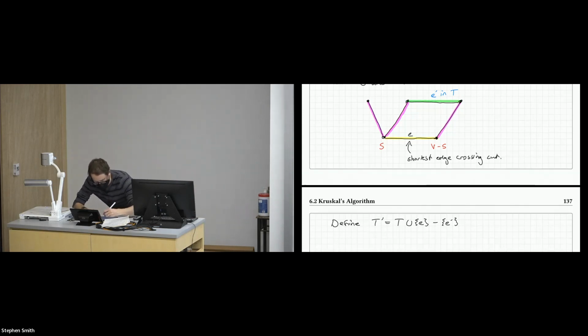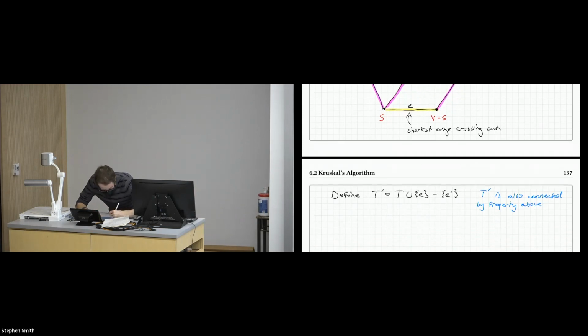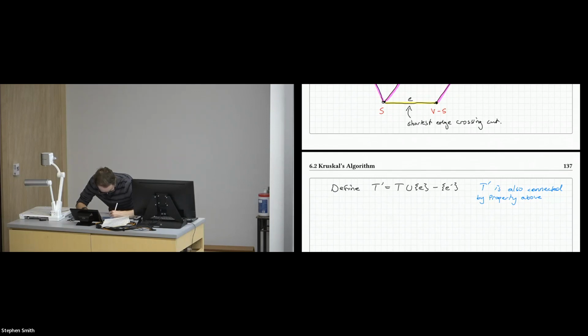So T prime is also connected by the property above, the first property. And T prime must be a tree.